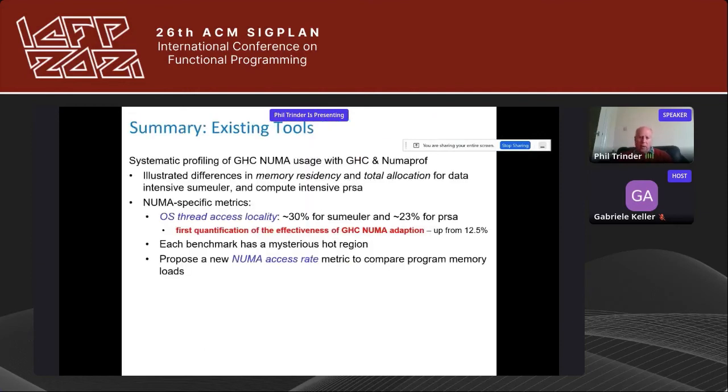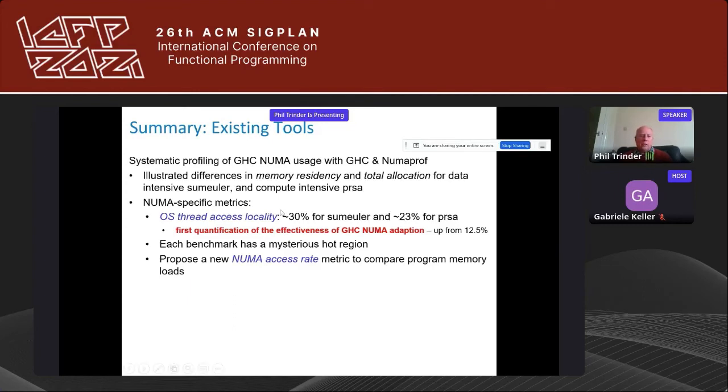Okay, so I'll briefly summarize what I've said. We've profiled GHC NUMA using both GHC and NUMAProf, so using existing tools, looking at memory residency and allocation.